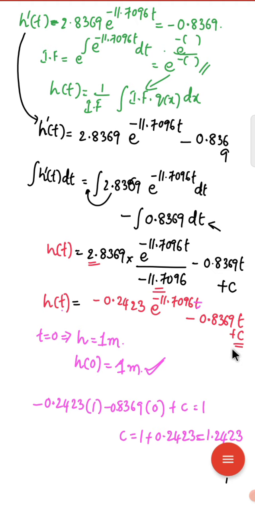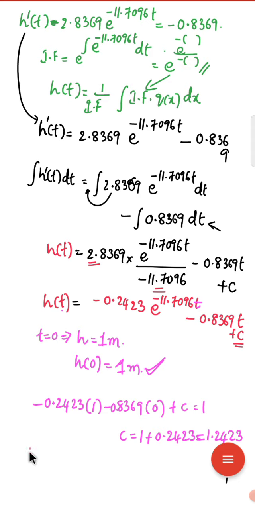So he asks us to find the maximum height that can be reached.